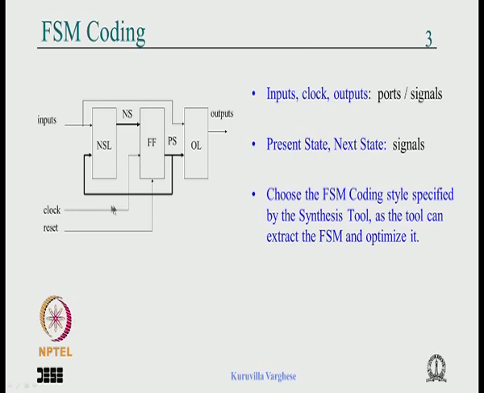Otherwise, if you just code this as logic, this as flip flop and this as logic, the implementation would be correct and will work perfectly, but the synthesis tool will not be able to do any FSM optimization.